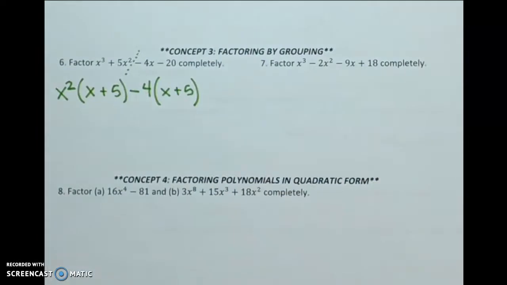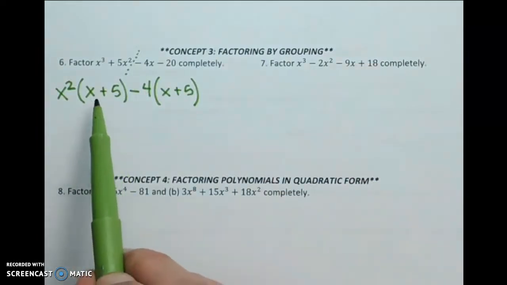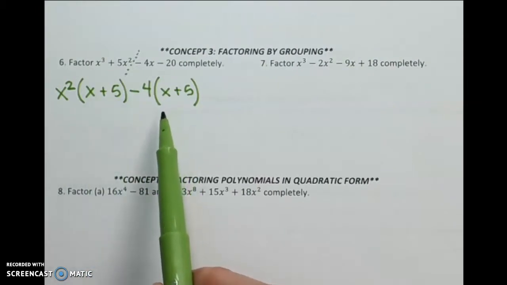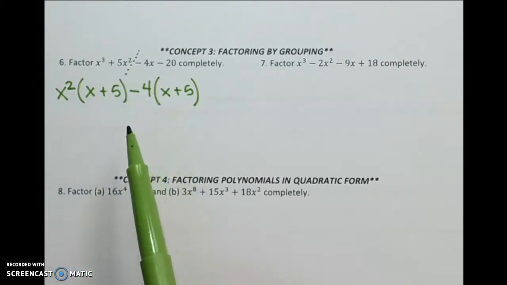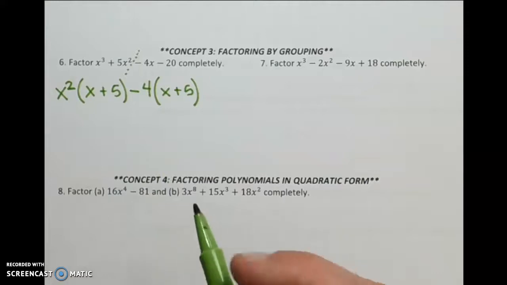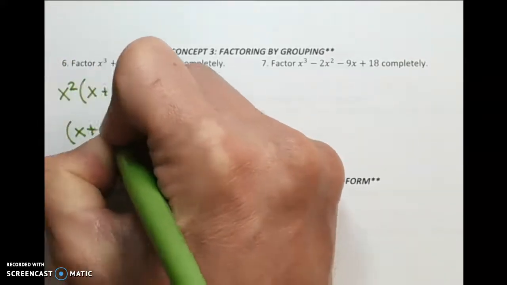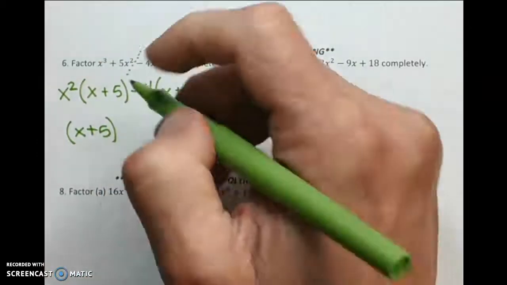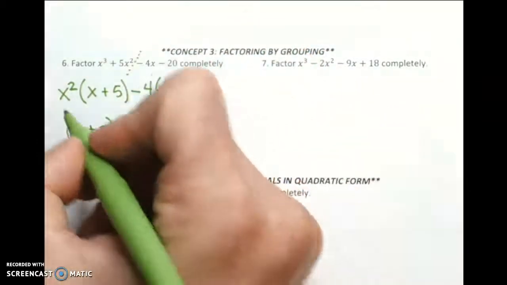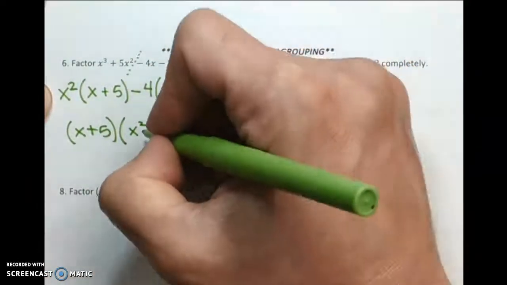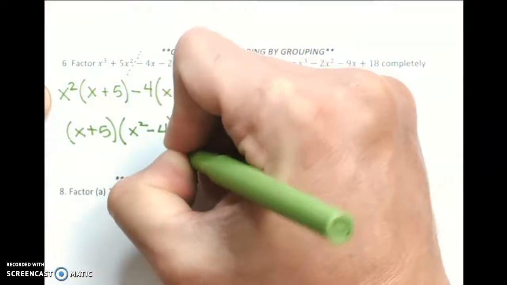Now, do you see that we have the quantity x plus 5 and the quantity x plus 5 here? Well, that's what you're looking for. Essentially, I'm factoring out that x plus 5. What happens is you get this part, the x squared, and then the negative 4, or x squared minus 4.